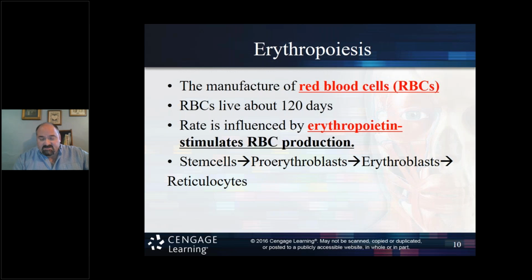Now, erythropoiesis. This is the production of red blood cells, taking place, as all blood cells are produced, within the bone marrow. Erythrocytes can last approximately 120 days. So it can last a pretty long time.